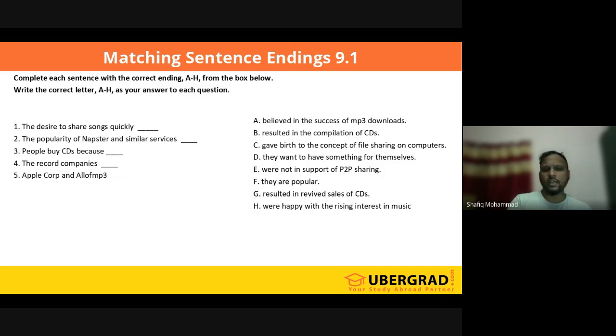Guys, polls have been sent. It is there in the activities. Those who want to give the poll, please give the poll.